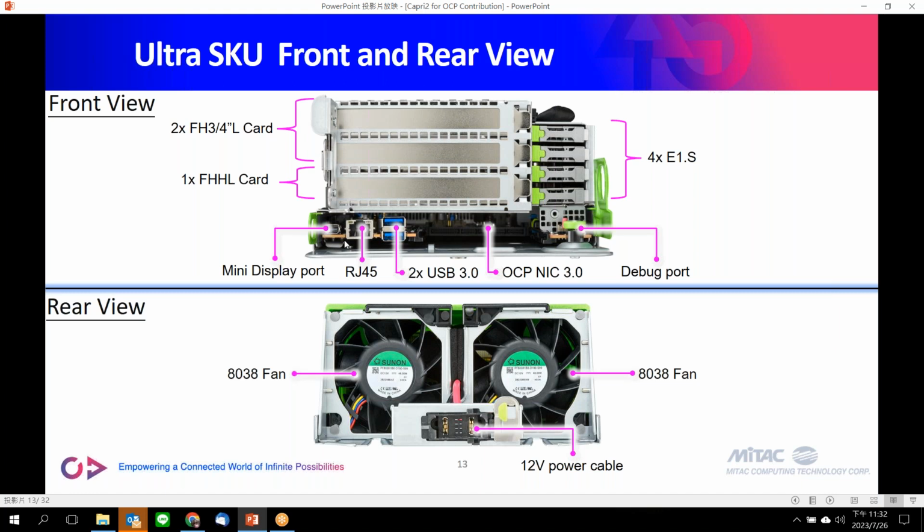Could you not shift the cards over to the right and put your E1.S down in that space maybe? Just a question, something to think about. Yeah, this is the trade-off. If we use the DCSCM, we may not have space for the E1.S data SSD. If we remove the E1.S data SSD, at least the product will have no storage.